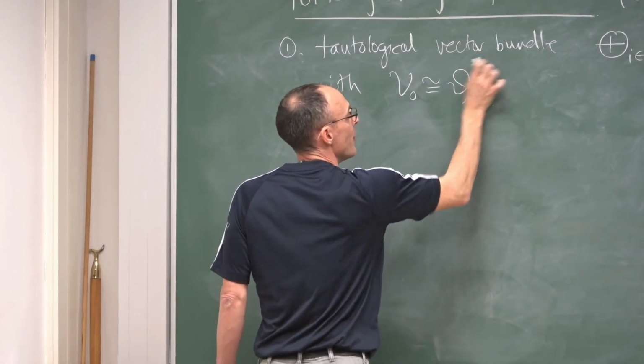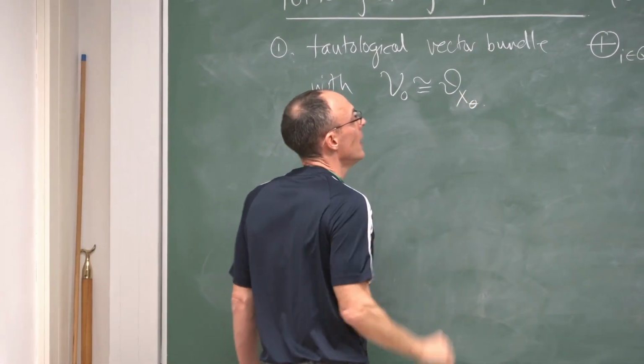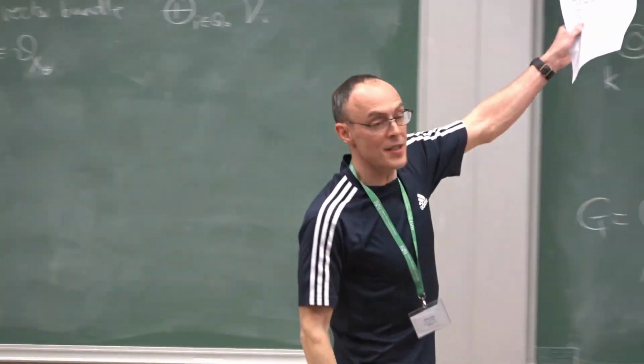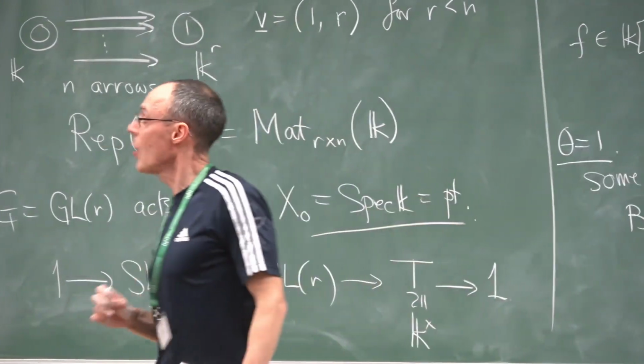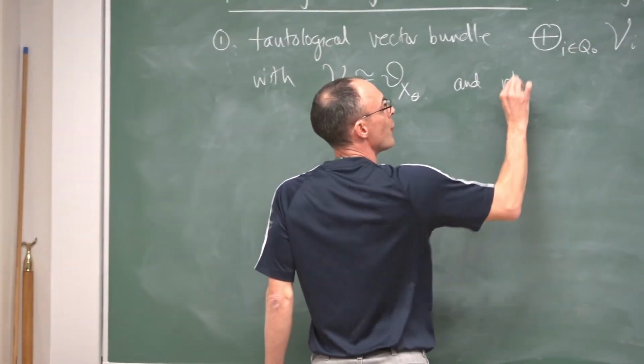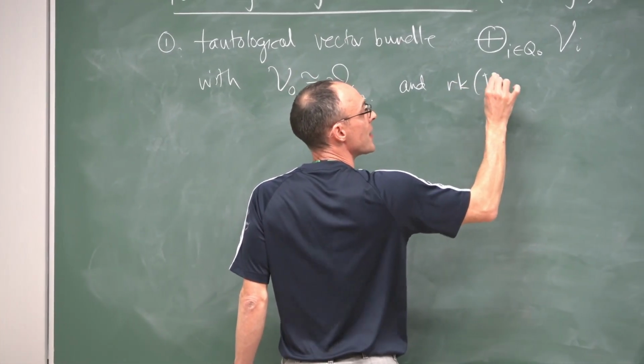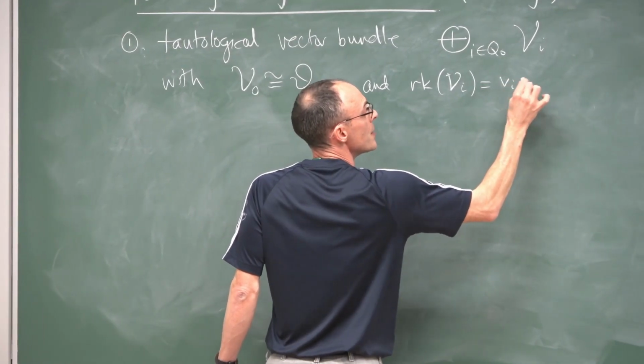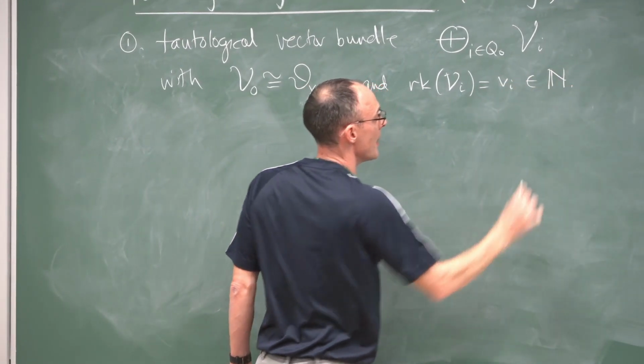And my simplifying assumption tells us that each of these has rank equal to v_i. So the rank of curly V_i equals straight v_i. That's part of our dimension vector.